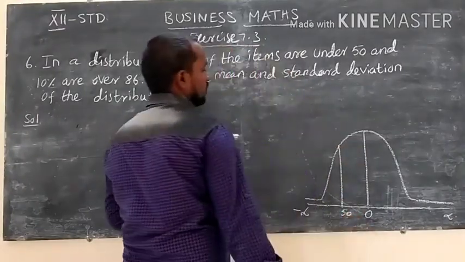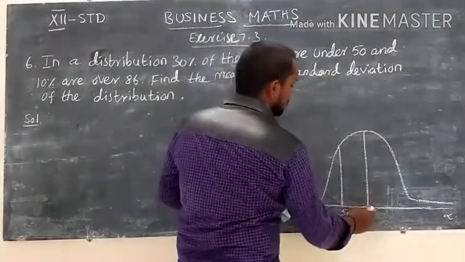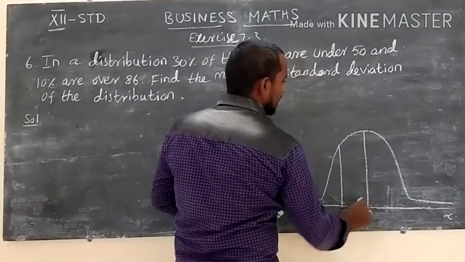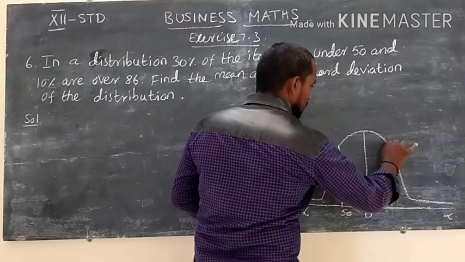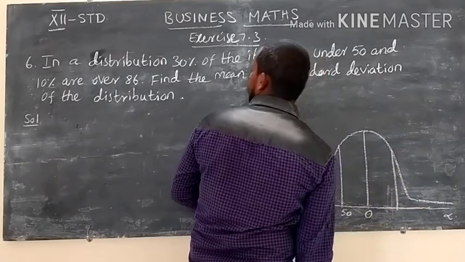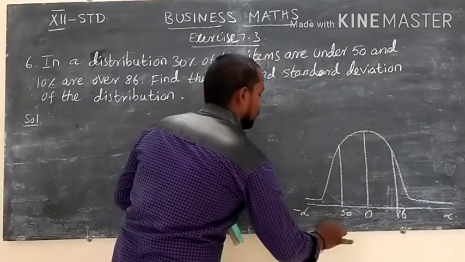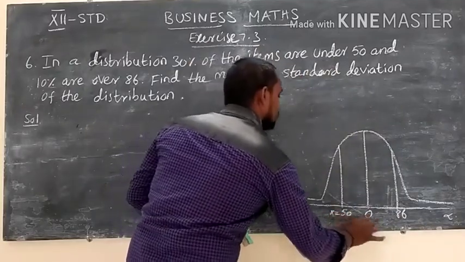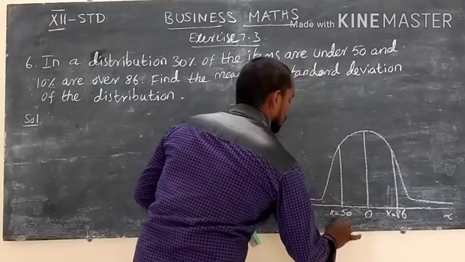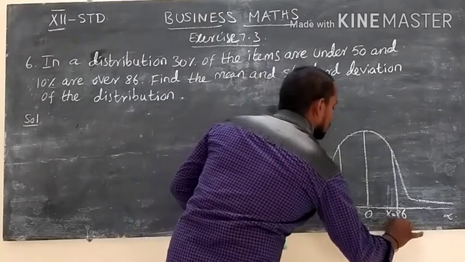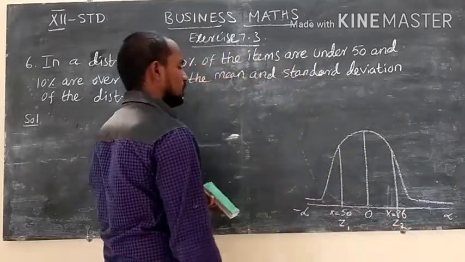Under means this side, left hand side of 0, over means the right hand side. This is 86, this is also x equal. This is Z1. This is Z2.